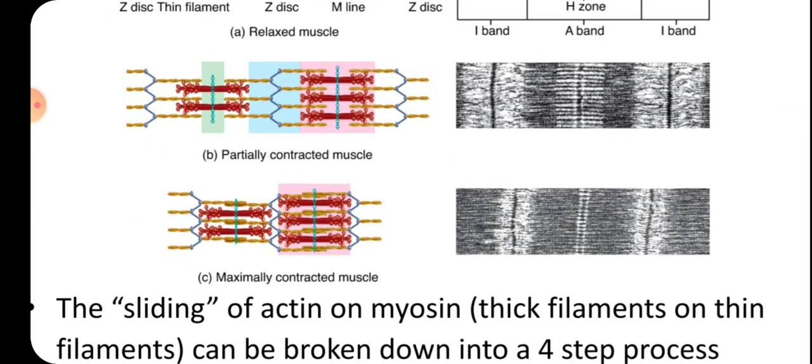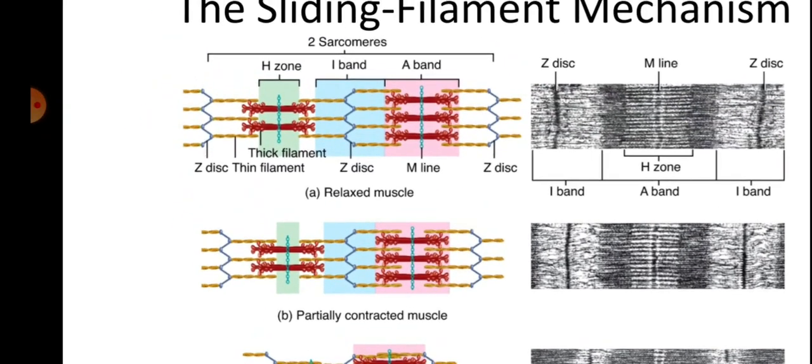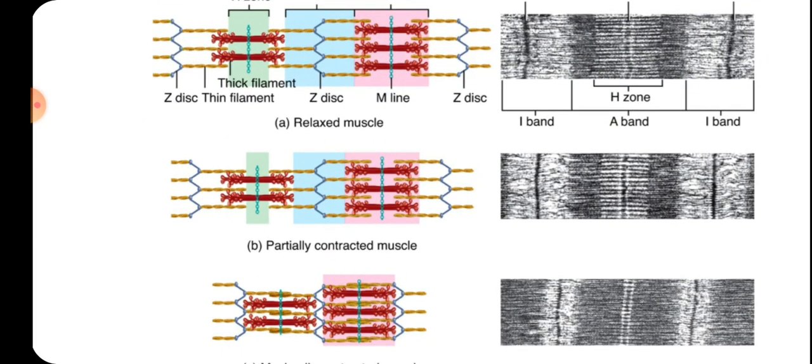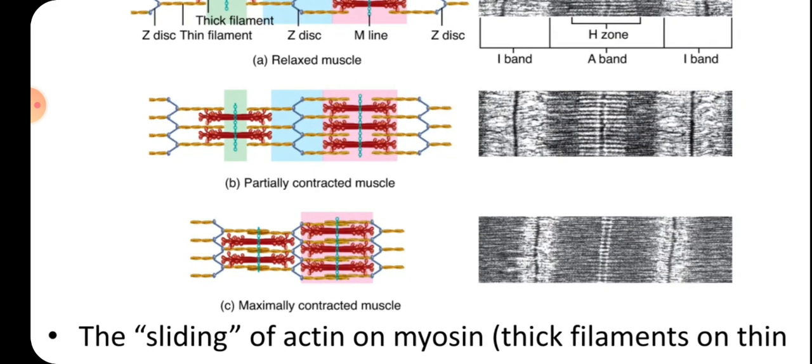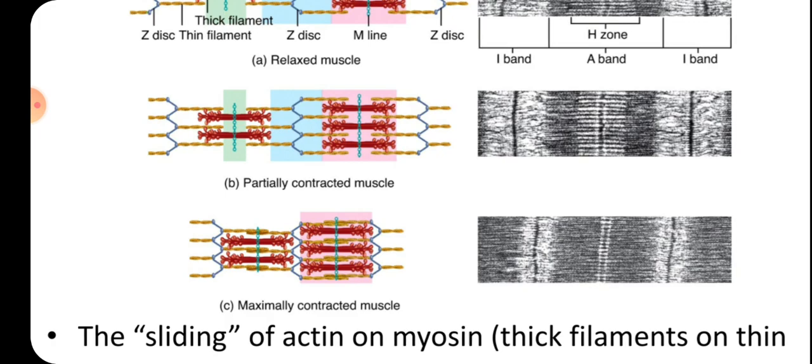In the last figure, you can see the maximally contracted muscle wherein the H zone, which is shown by the green shaded region in the relaxed muscle and partially contracted muscle, has completely disappeared and the muscle has become short in length.